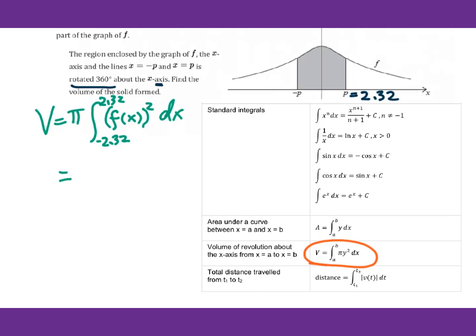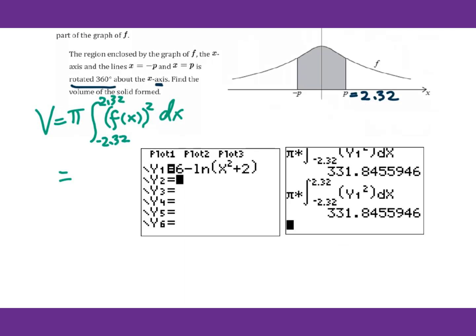We put into calculator, you will get. When you use graphing calculator, remember the y1, that's the f of x. And then using the formula like this, and put into calculator, you will get 332. This will be the volume.